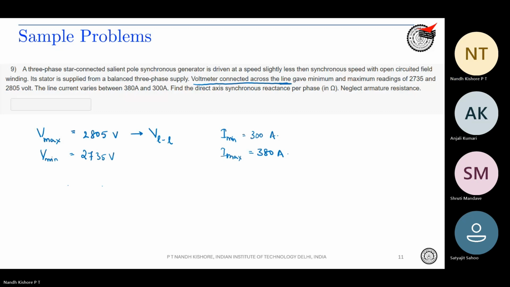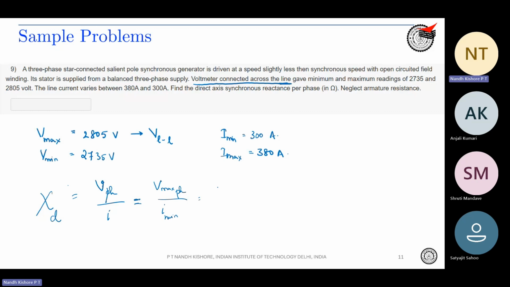So how do you find XD? Just in terms of Ohm's law, XD is going to be the phase voltage divided by the current, which means this is going to be V max phase voltage divided by I min, right?